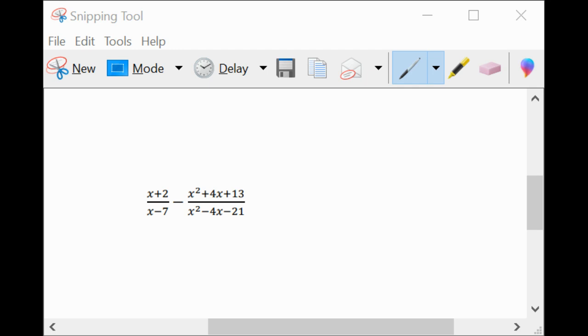Negative 4x plus that plus x is negative 3x. Negative 1 plus 4 is plus 3. Holy cow, that seemed like a big one. But just make sure, factor that first, decide what it is, and then go from there.